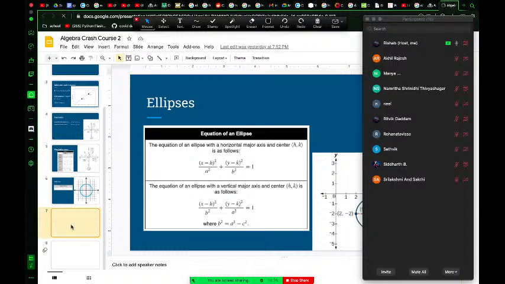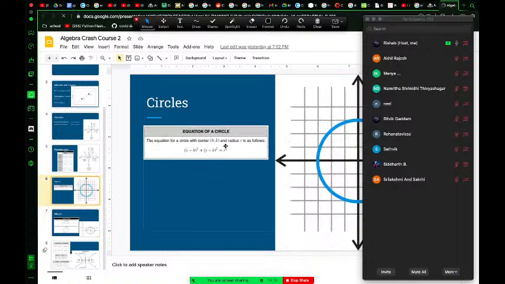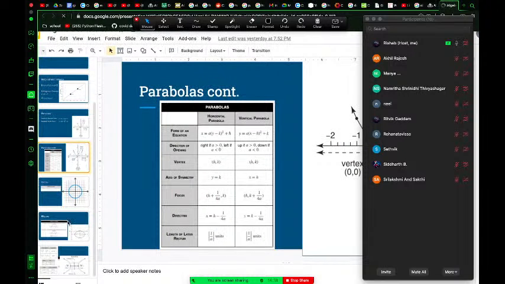Okay, equation of an ellipse. So this is the equation of an ellipse, and that's it. There's nothing special about it.